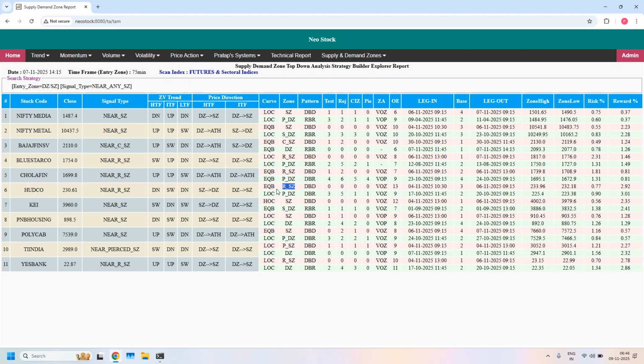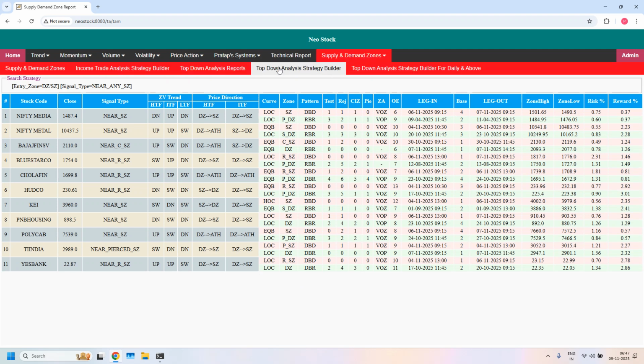HUDCO is having a 75 minutes high liquidity supply zone. Yes Bank is having a 75 minutes high liquidity supply zone. So in total we got 5 75 minutes high liquidity supply zones from this list. So this is about high liquidity zone identification from daily and 75 minutes time frames.